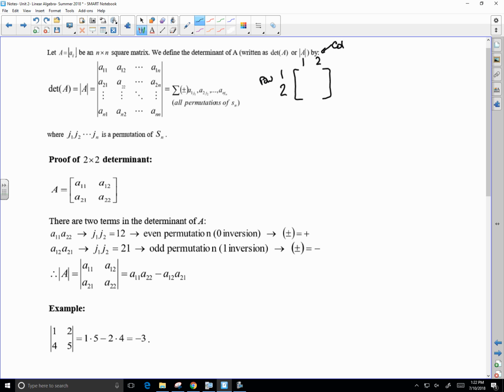What we want to do is find J, which is the number of permutations, or the types of permutations, of the columns that make up your matrix. All right, so J equals the matrix.